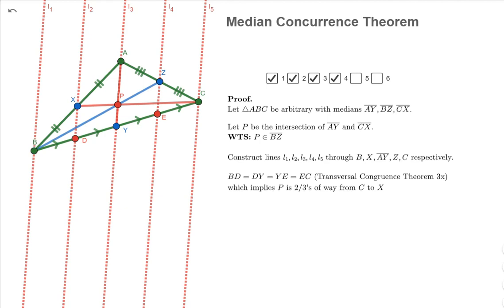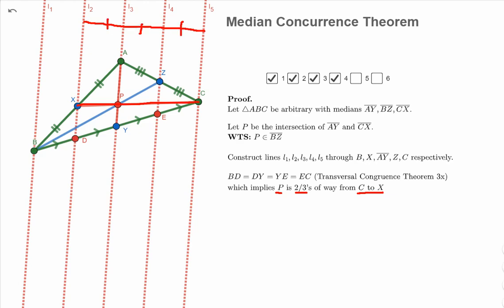Okay, why is that important? That's important because we know that P is 2/3 of the distance from C to X. Well, why is that? Because CX is a transversal that cuts these parallel lines, and the distance between all of these parallel lines is the same.